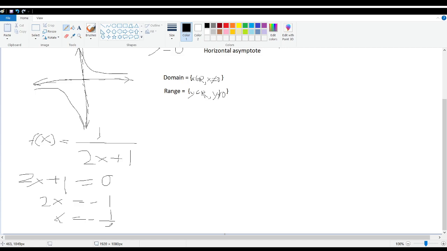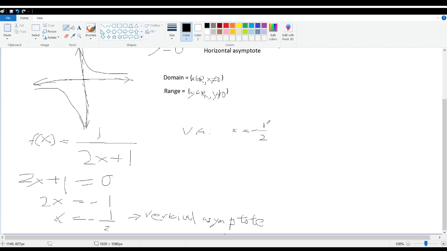So we now get that x equals negative 1 over 2. This is the vertical asymptote. So keep in mind that the vertical asymptote is just x equals negative 1 over 2.